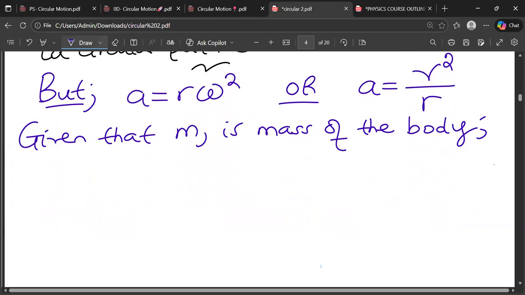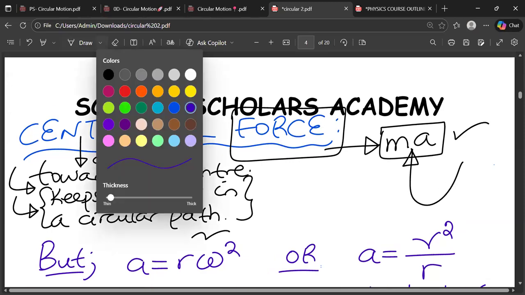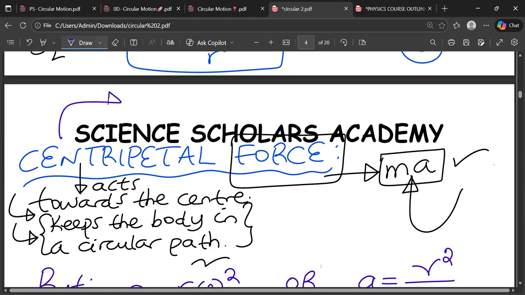Our centripetal force, just like any other force, is going to be denoted by F in this topic.